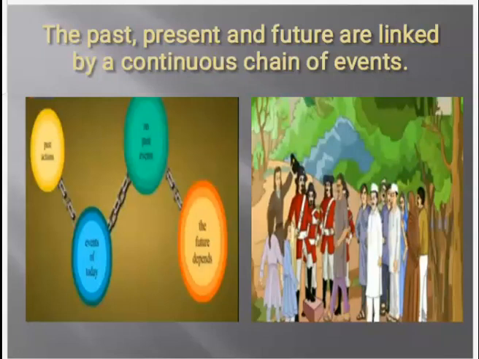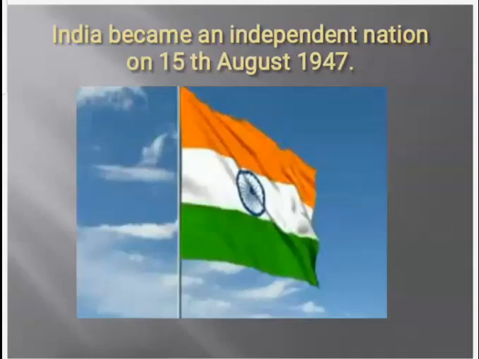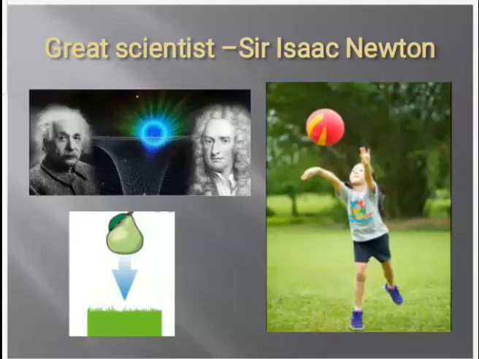As a result, India became an independent nation on 15th August 1947. So, we can say that independence was a consequence of an action, that is the Indian people's struggle for independence.